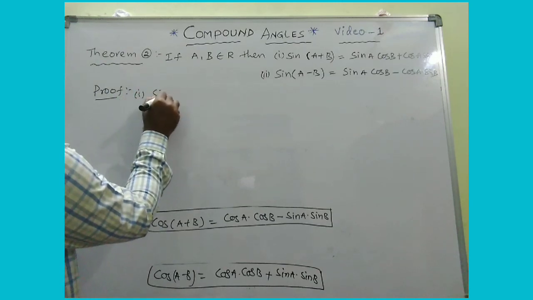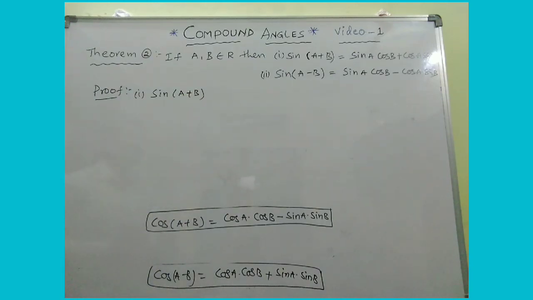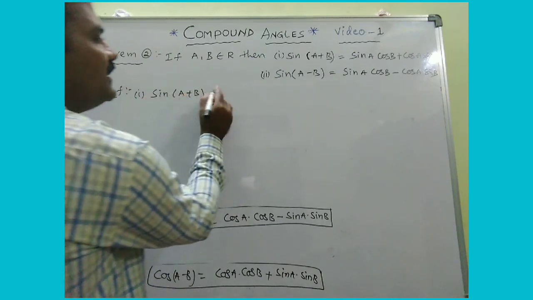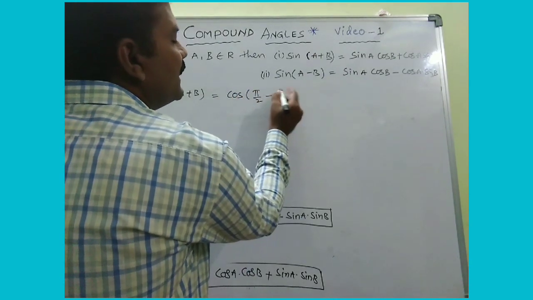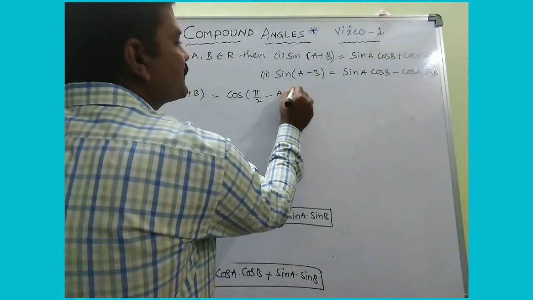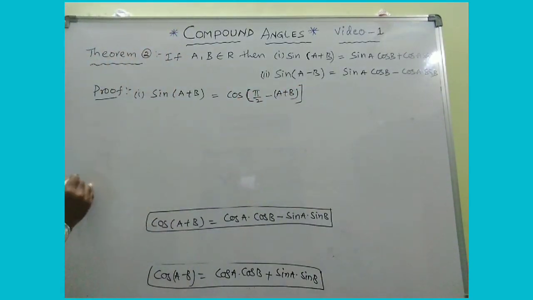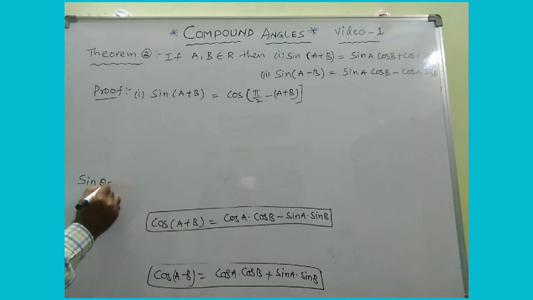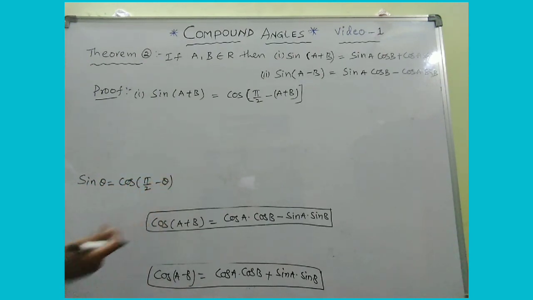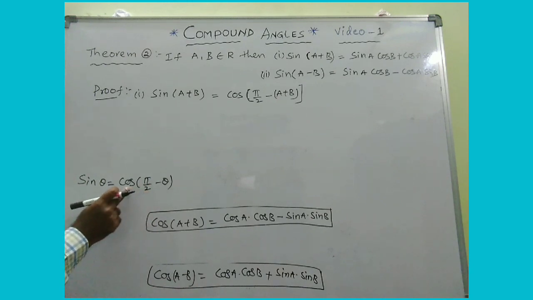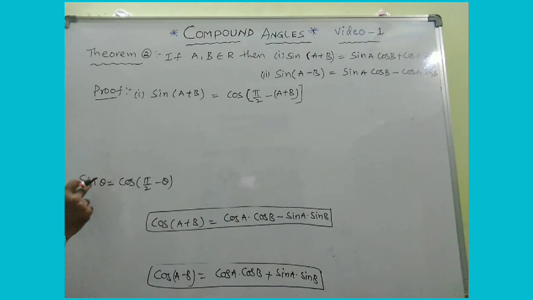So coming to the first part, we want sin of A plus B. Look at this technique now. Can I write it as cos of 90 minus of A plus B? Because sin theta we can write as cos of 90 minus theta. Because of 90, cos changes into sin, and for 90 minus theta, in the first quadrant all are positive.